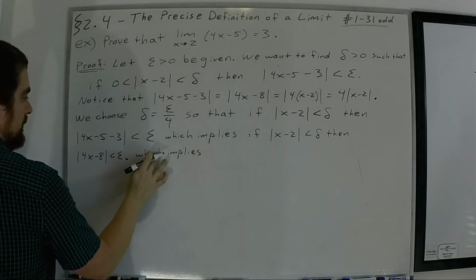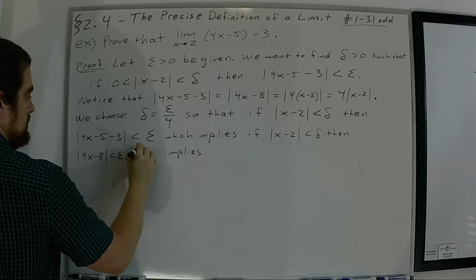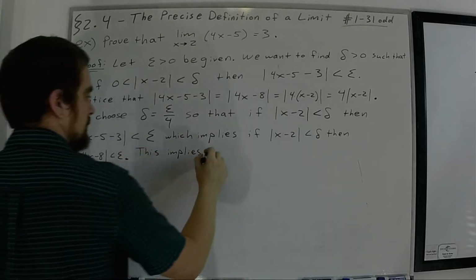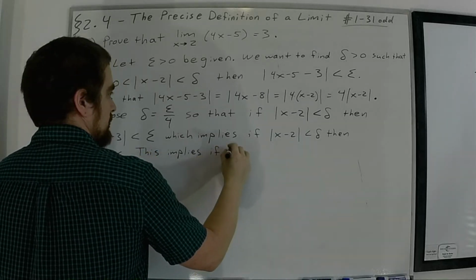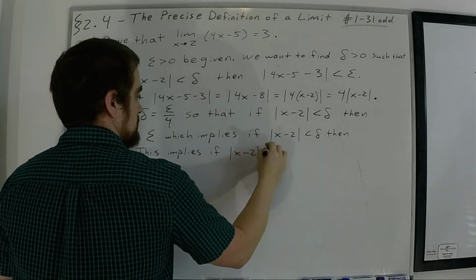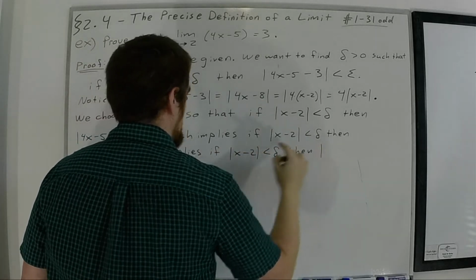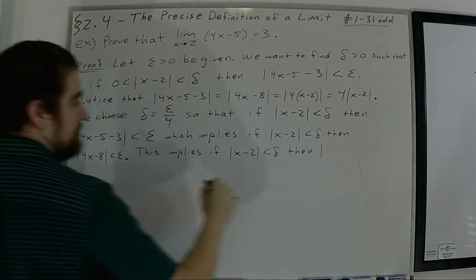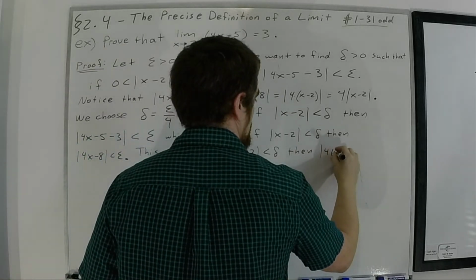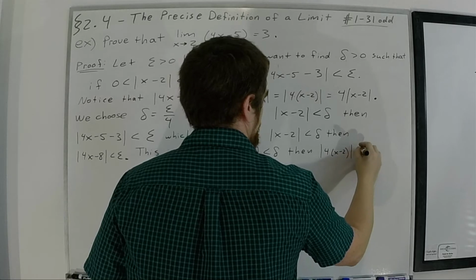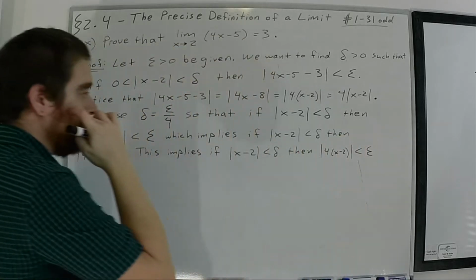I'll put a period there and I'll say, this implies if the absolute value of x minus 2 is less than delta, then the absolute value of 4 times x minus 2 is less than epsilon.